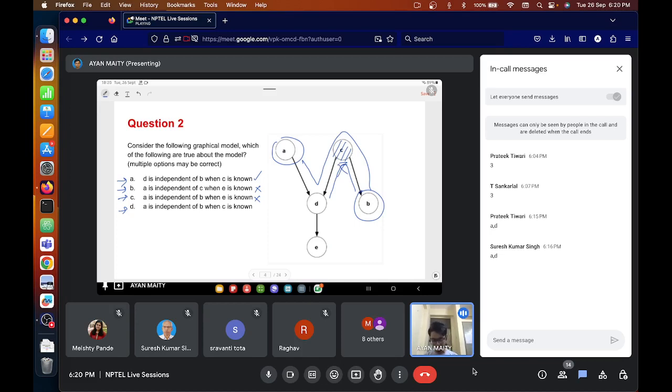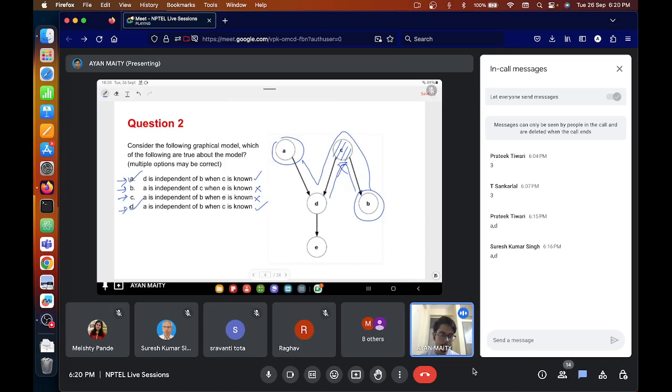This whole path from A to B is blocked because of C. So there is no undirected path from A to B. So that means A and B are independent of each other given C. So option D. So A and D, these are the two correct answers here.